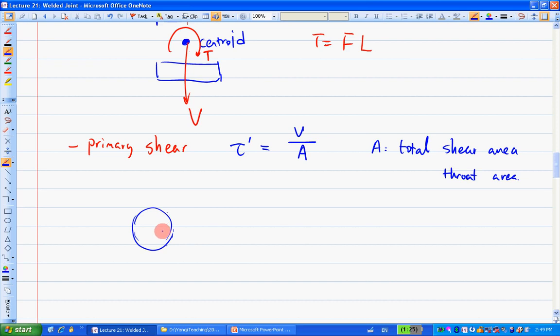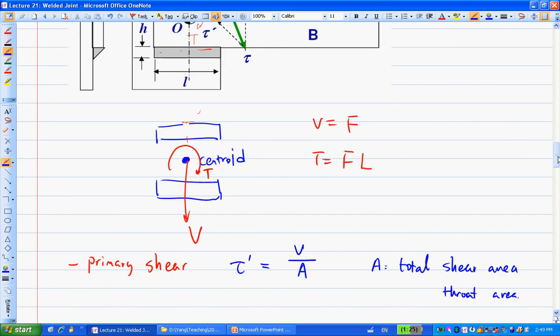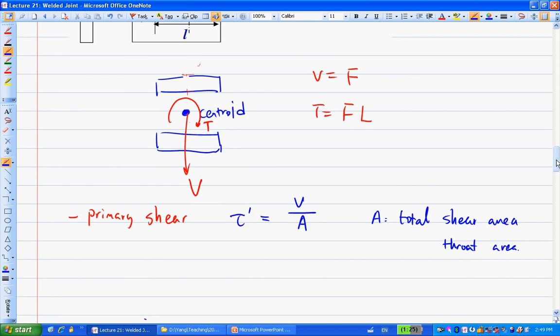But in this case, the cross section is not a circular cross section. The cross section here is this. So your shear stress due to the T is still TR over J.